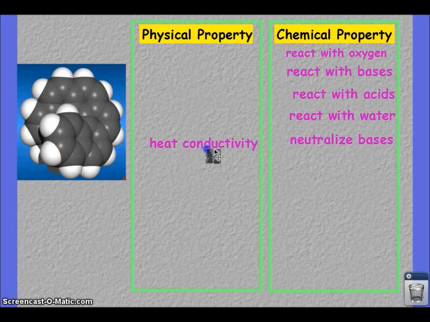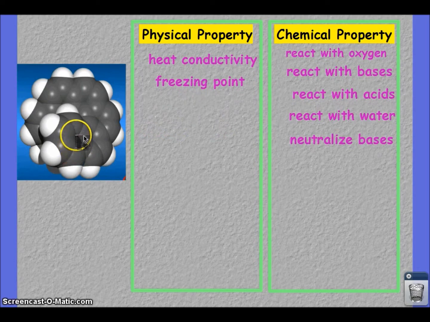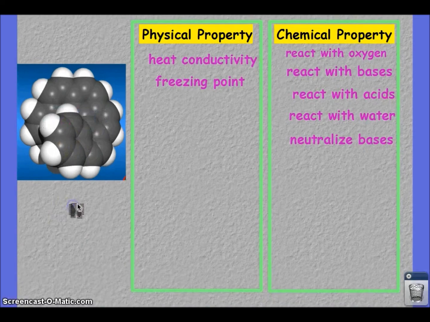Heat conductivity. It is physical. This is a property I can check, I can measure without changing the identity of the substance. Freezing is physical. Okay, it is just a change in state. If I freeze water, it will still be water in a solid state.